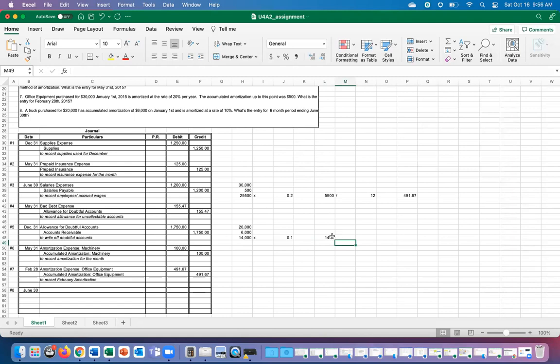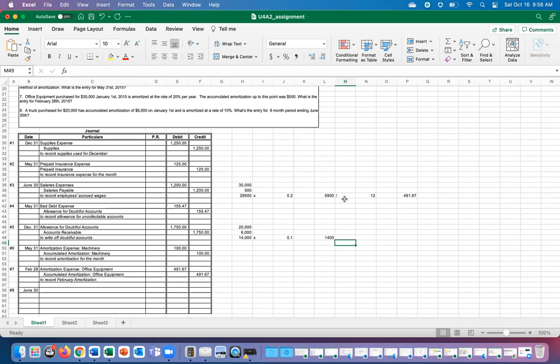You can multiply this number by 6 and then divide by 12. And that's effectively just saying that we're looking for 6/12 of the year, or 1/2 of the year. Probably the more simple way of doing this would be to multiply it by 0.5, meaning we're just looking for the amount that this is going to lose over half of the year rather than the full year.